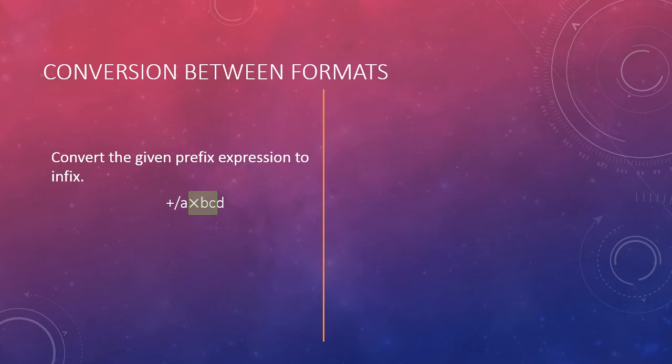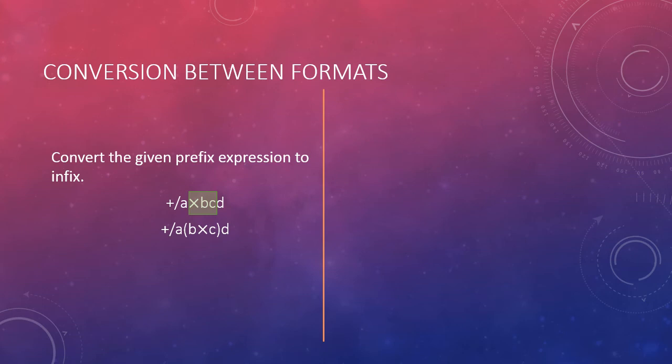Multiply BC can be written in infix as B multiplied with C. Notice that I have used brackets because I can use brackets in infix. Again scan from the left going towards the right. There is an operator plus, but it is not followed by two operands.